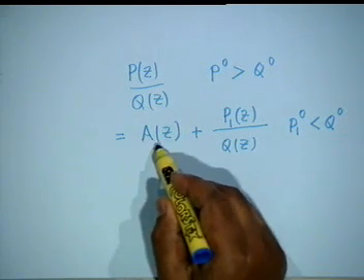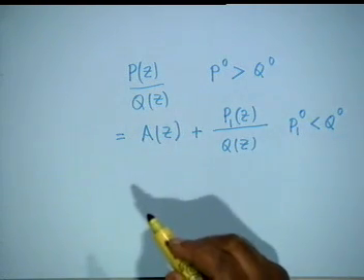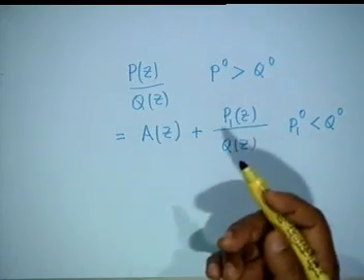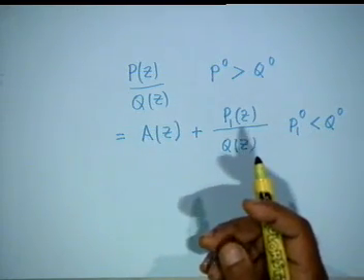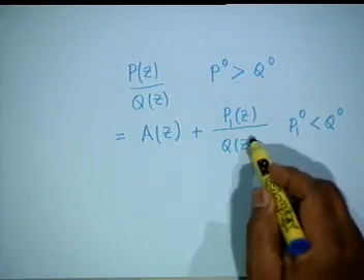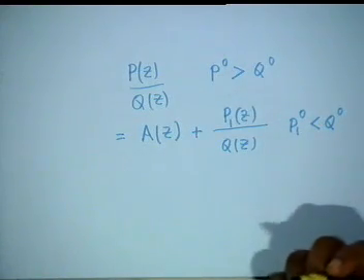Then you invert the polynomial term by term, which is very easy. If you have a term like 5 z to the minus 5, then its inversion is 5 delta of n minus 5. Agreed? So, this is very easy. For the proper part you have to carry out the partial fraction expansion.